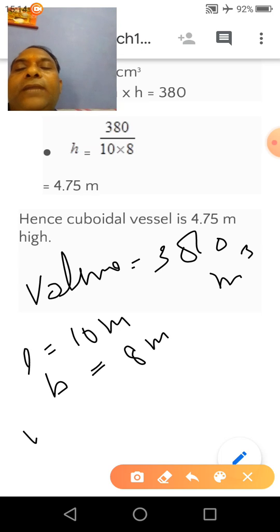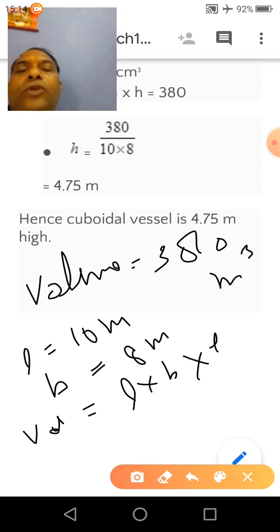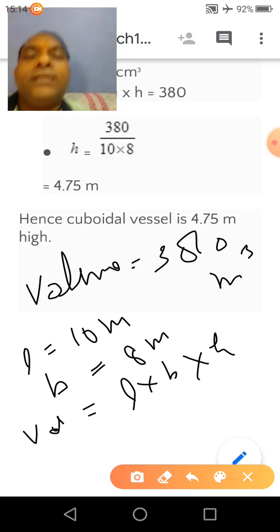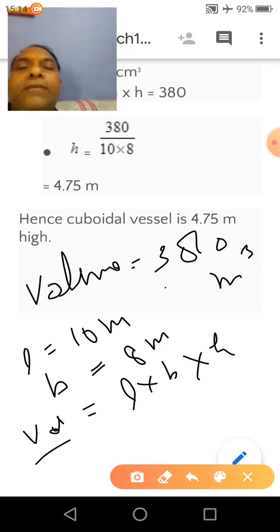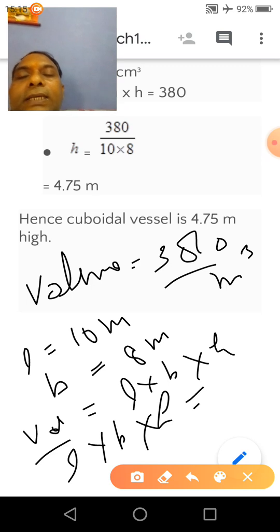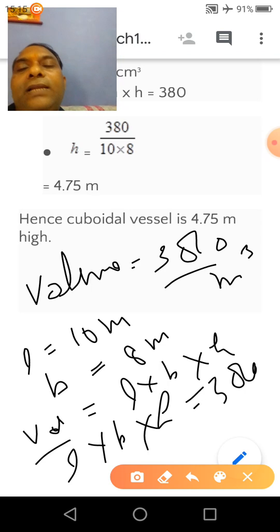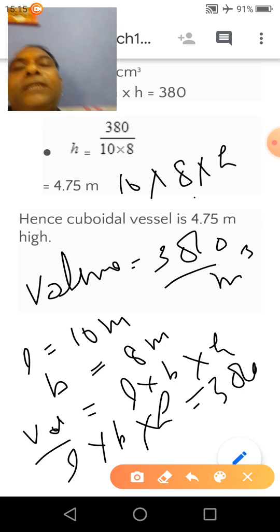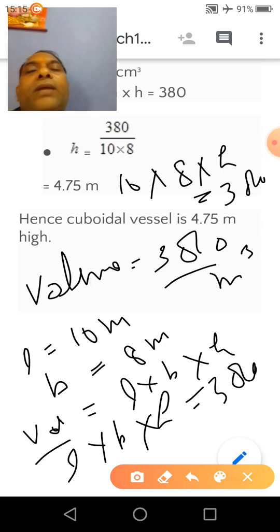So we know that volume is equal to L into B into H. Volume of cuboidal vessel is equal to L into B into H, and volume is already given, 380. So L into B into H is equal to 380. Clear? So put the value of L, 10 into 8 into H is equal to 380. Then you can find the height of the cuboidal vessel.